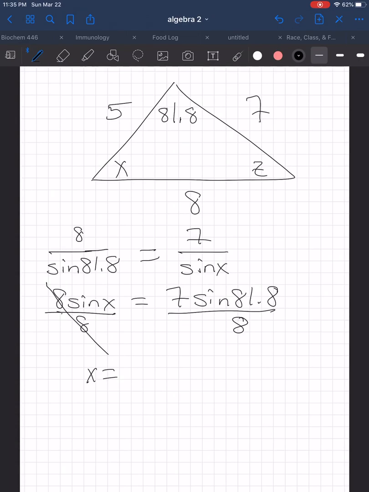And it's telling me there's a domain error, so let me try this again. Inverse sine of 7 sine 81.8 divided by 8.